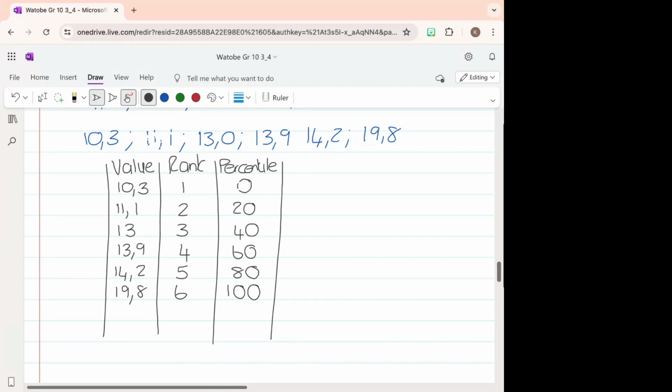Okay. So when we're calculating the percentile of data, we say R, the rank, is equal to P over 100, times N minus 1, plus 1.